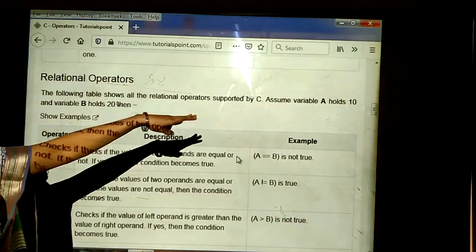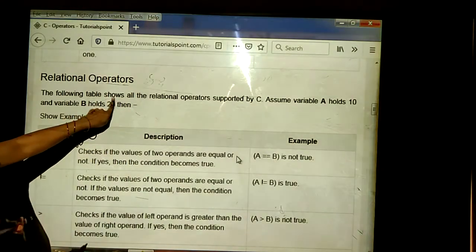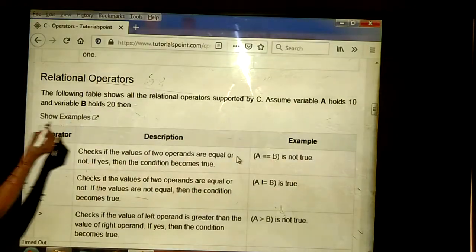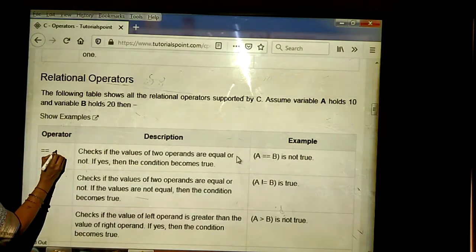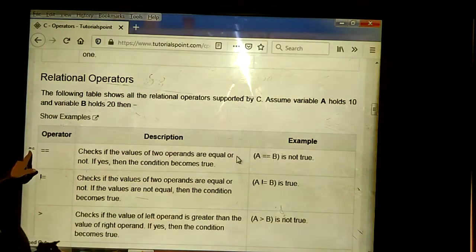Assume that variable A holds 10 and B holds 20. Next, which symbols are we going to use? The first one is the double equal symbol. What is the use of this one?